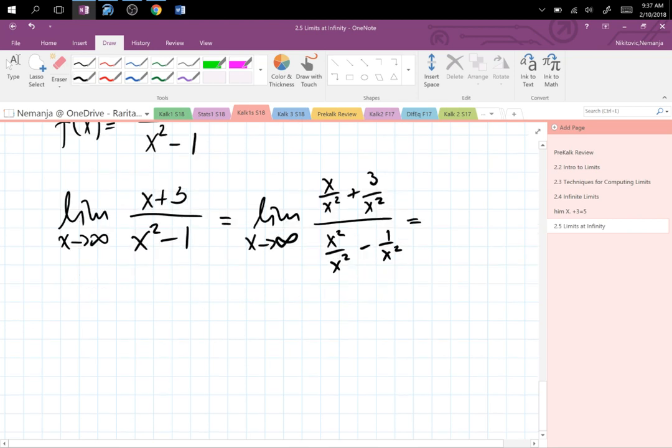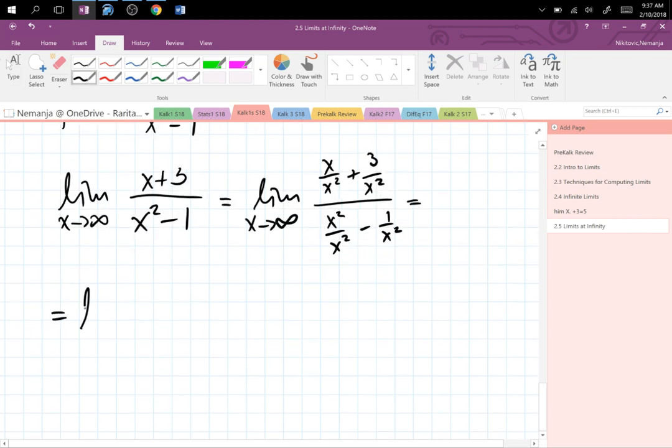What do we have? We have limit as x goes to infinity, and we see that x and x squared cancel to 1 over x, plus 3 over x squared survives. These two cancel to 1, and then 1 over x squared.